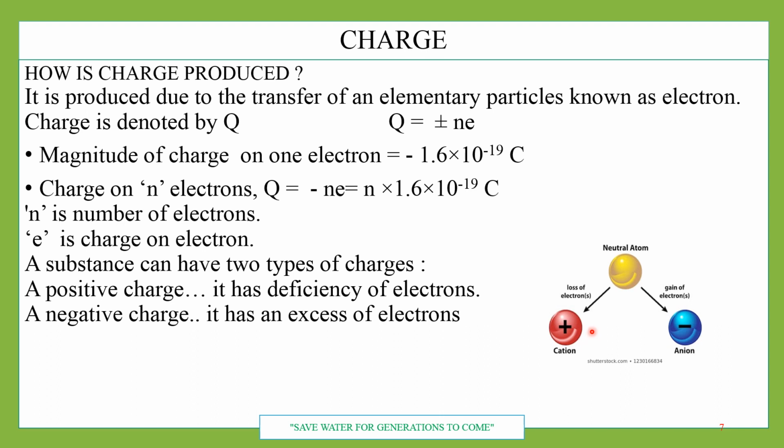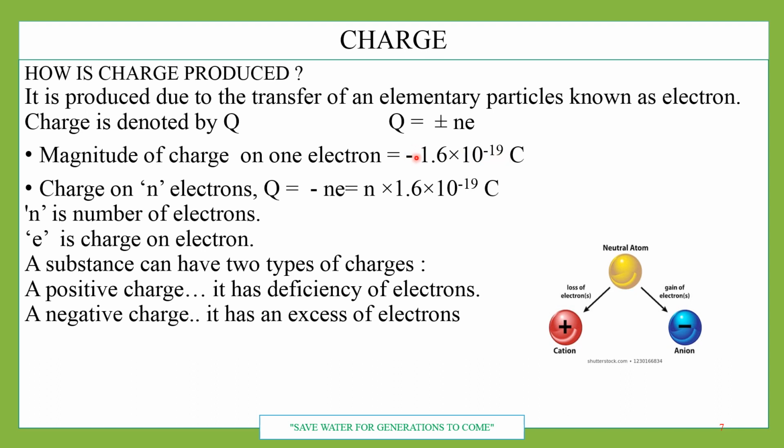Charge is represented by Q, and it is equal to plus or minus n into E. Why plus and minus? Plus if it is proton, negative for electron. N is the number of electrons being transferred out. E is the magnitude of charge on one electron, which is minus 1.6 into 10 raised to the power minus 19 coulomb.